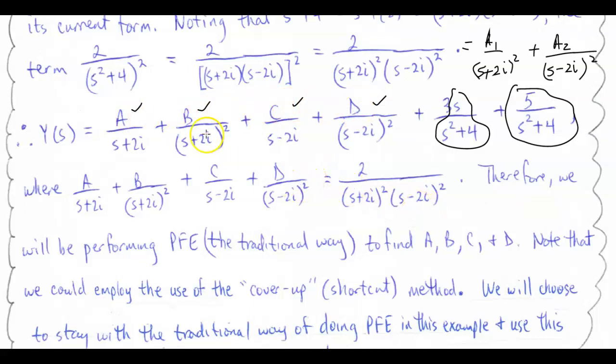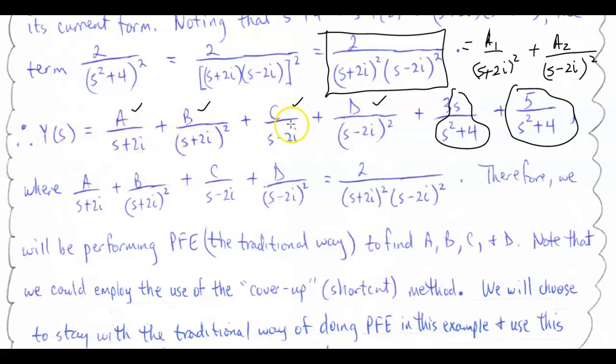Now, an alternative way to do this is we could do that whole cover-up method where we use this particular expression here, and since the factors here go with B and D, we can do the cover-up method to find out what B and D are directly. Then after that, we can take that result and take what we see here, rewrite it in this form as well, and just subtract both of these terms on both sides.